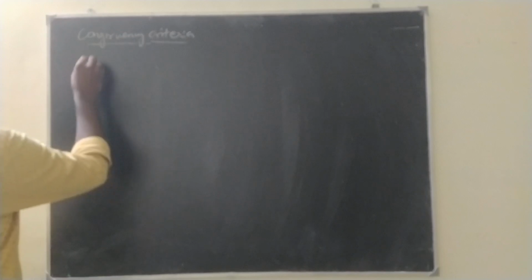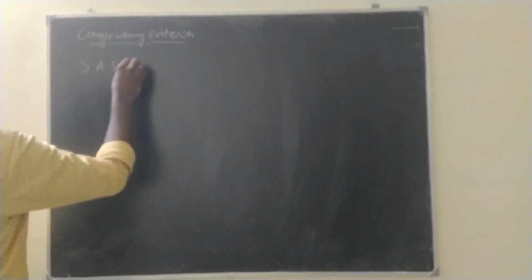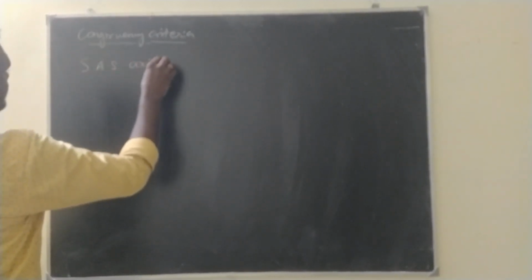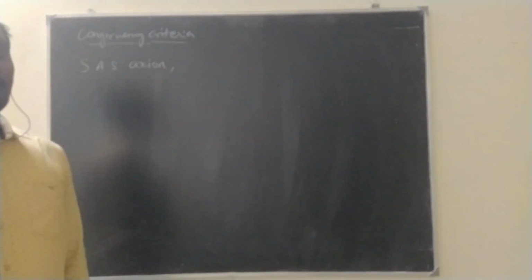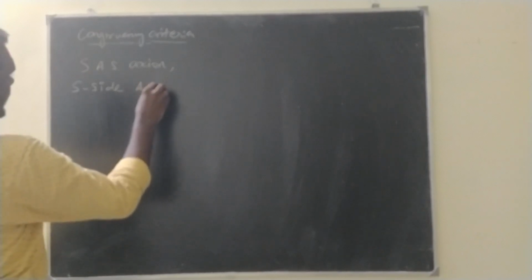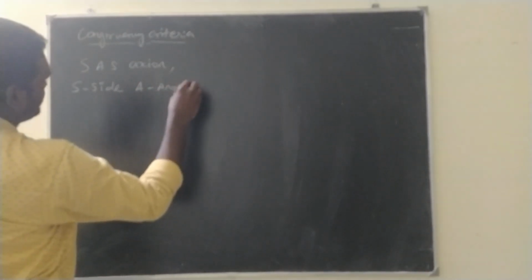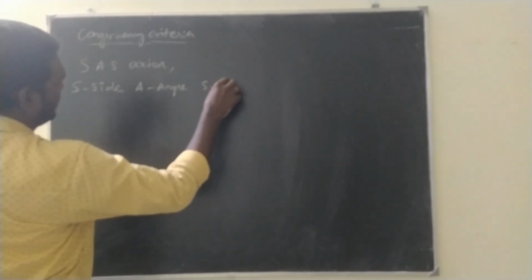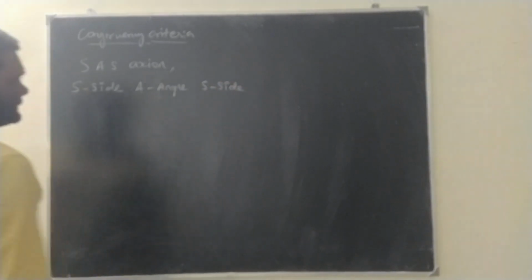is the SAS axiom or SAS congruency criteria or SAS congruency rule, in which this S stands for side, A stands for angle, another S stands for side.